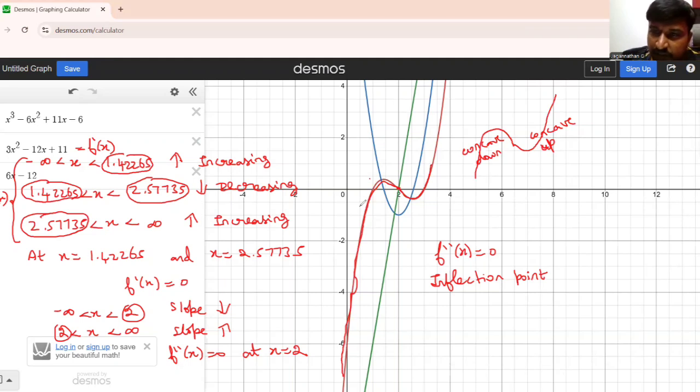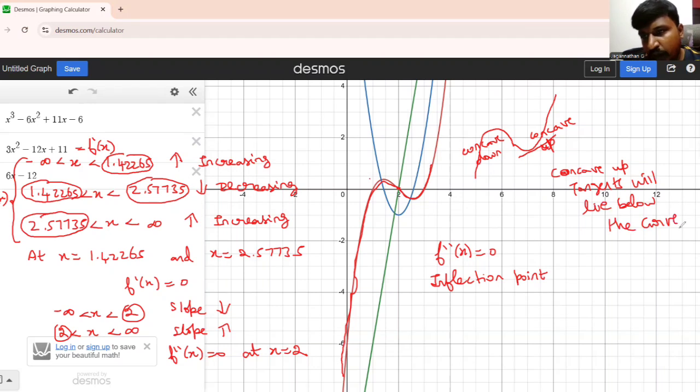For a concave up curve, the tangents drawn will lie below the curve. And for a concave down curve, your tangents will lie above the curve.